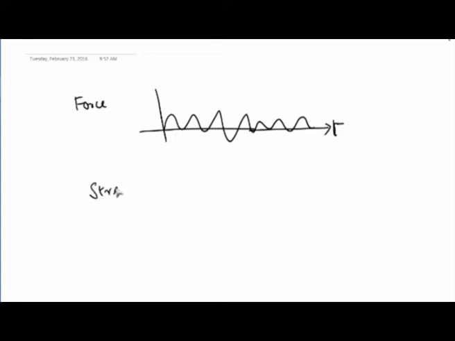so if the force is time varying, something like this, then you cannot expect the stress to be constant. Stress cannot have a plot something like this. This is not possible.